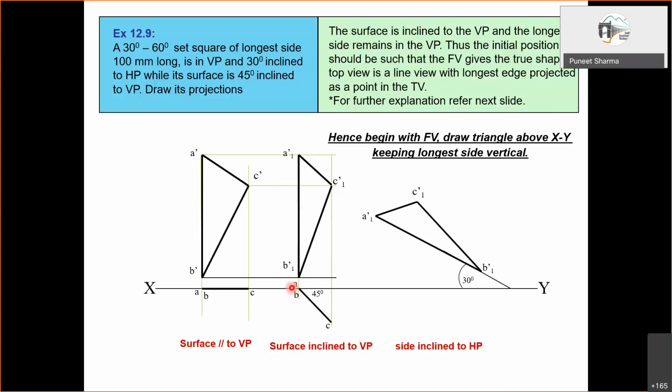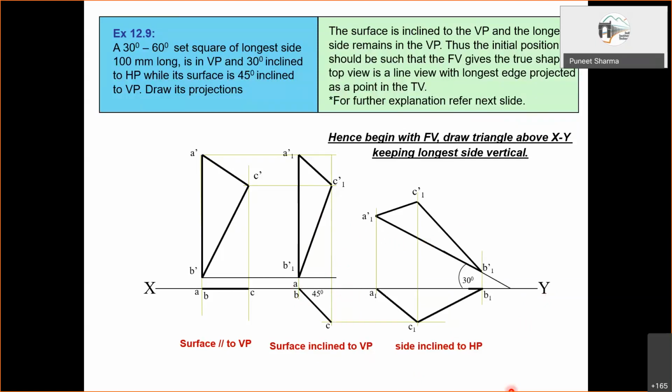The distances of A, B and C in the top view from the XY line will continue to remain the same. Therefore, again we can have the locus for AB on the XY and for C parallel to XY drawn from here. Then you draw the corresponding projectors and you can look at the final top view.